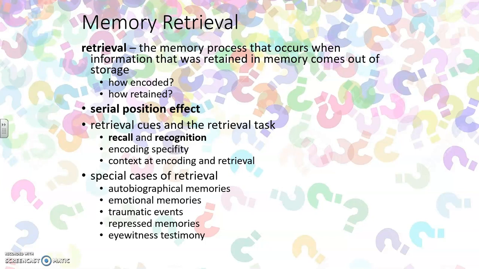So we're going to think about going to the grocery store. With serial position effect, you make a grocery list. You tend to only remember the first couple and the last couple things on a list, or what's told to you, or what you heard. Think of that. You only remember the first couple and the last couple things on the grocery list you forgot at home.